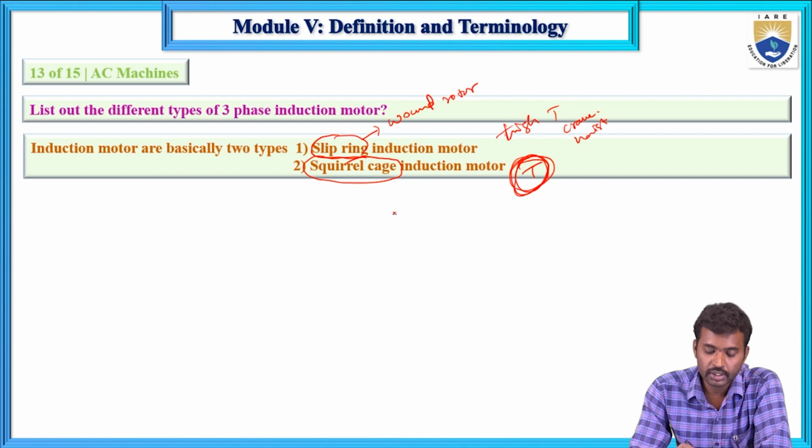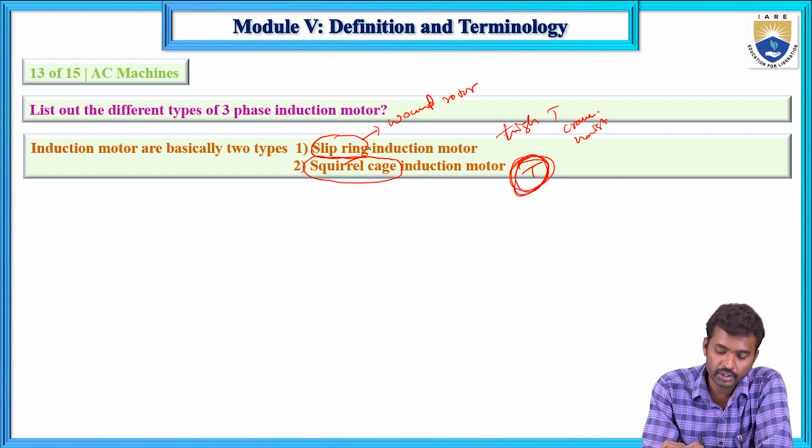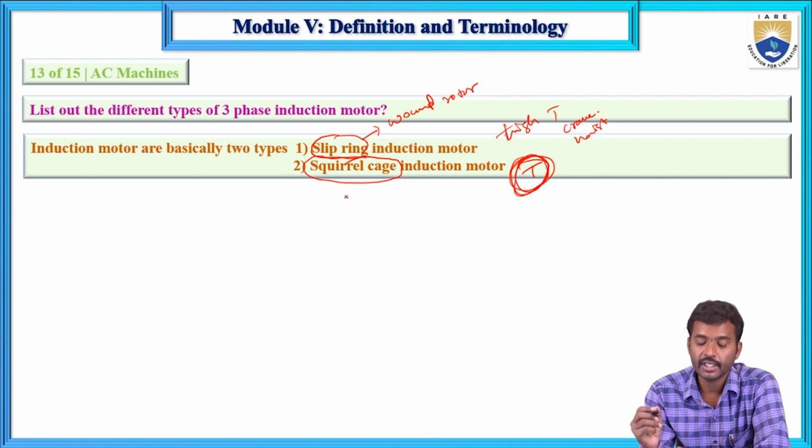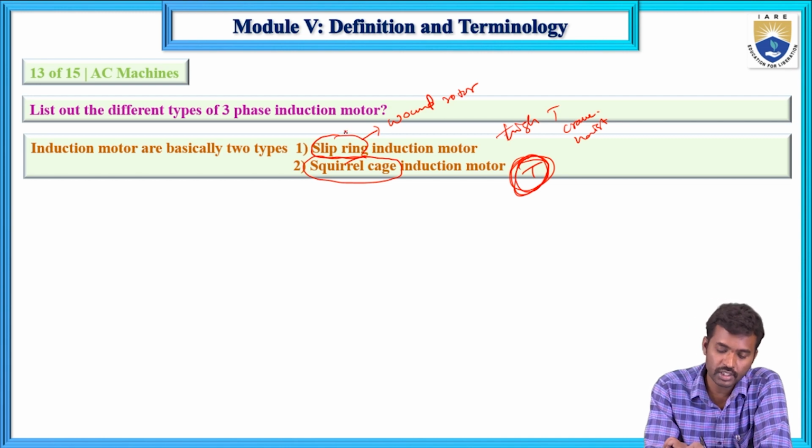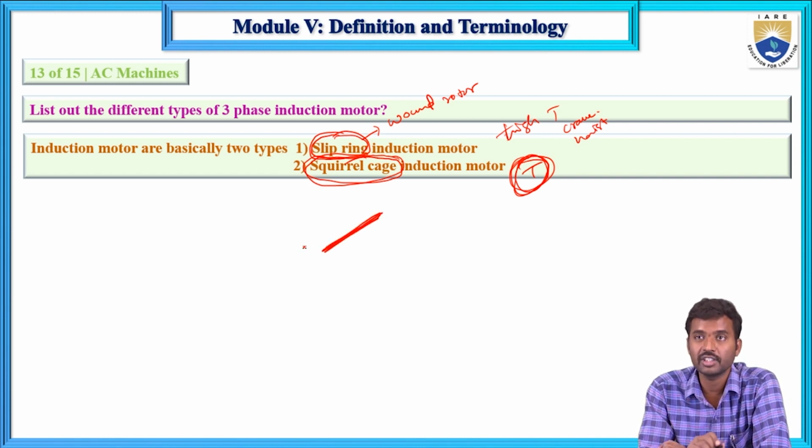What is the main advantage of slip ring induction motors? We can insert and vary the rotor resistance in the case of a slip ring induction motor. But in the case of a squirrel cage induction motor, the rotor conductors are short circuited, so we cannot insert any rotor resistance.